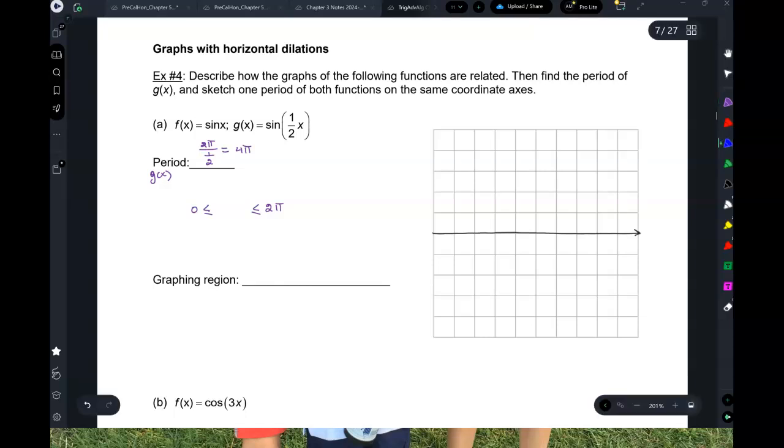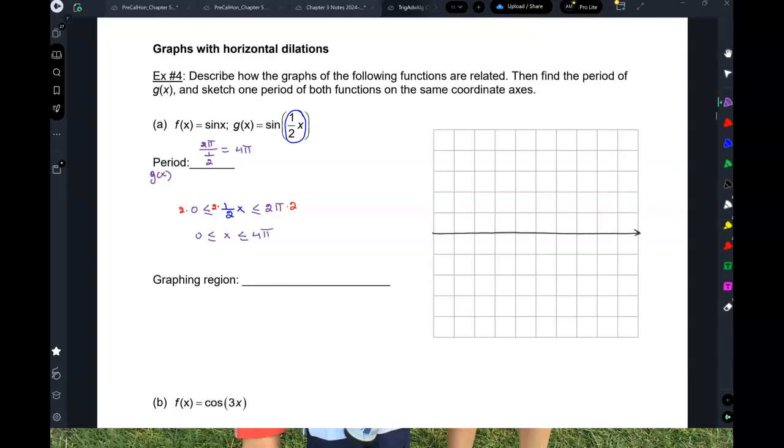Inside the inequality, I'm going to put all of the stuff that comes after the sine, half x. So now I have to multiply everything by 2 to get x alone. So this is 0, x, 4 pi.